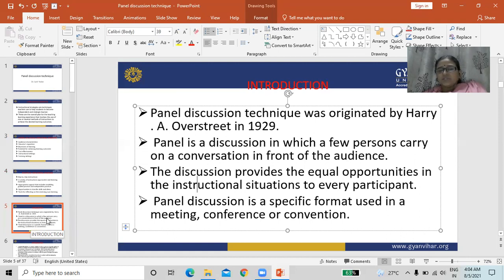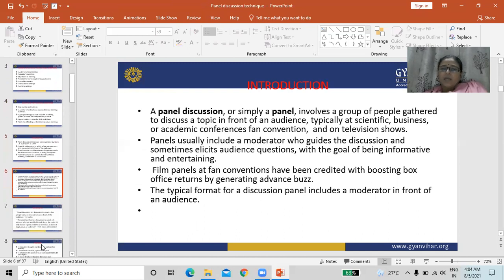Panel discussion is a specific format used in a meeting, conference, or conversation. A panel involves a group of people gathered to discuss a topic in front of an audience.